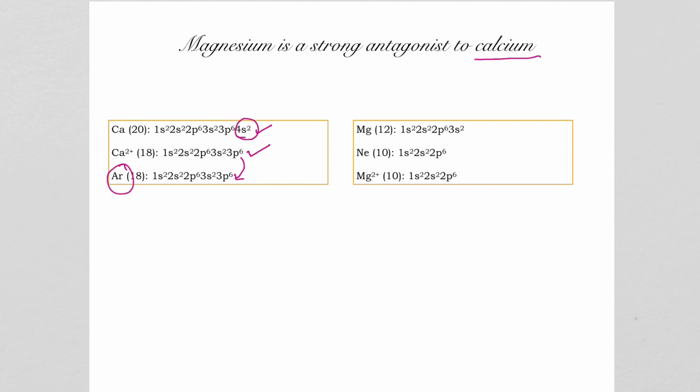Magnesium does basically the same thing. Magnesium has 12 electrons, the outer 2 electrons are lost, and now it gets an address very similar to neon. So the magnesium ion is more stable, and that's why magnesium loses 2 electrons to become Mg2+. Same thing, calcium loses 2 electrons to become Ca2+.